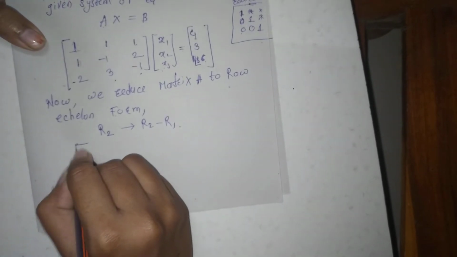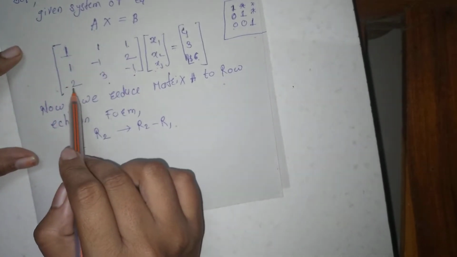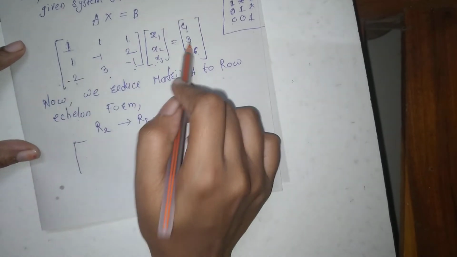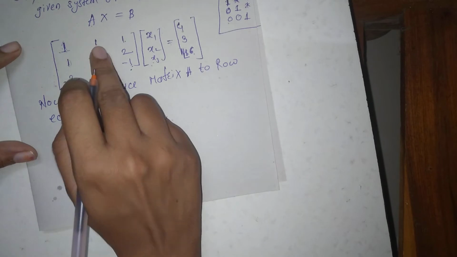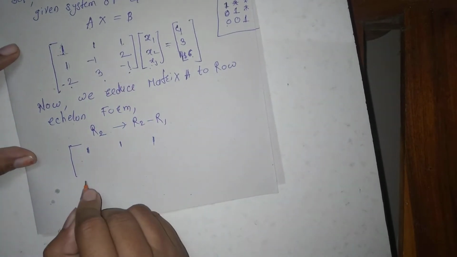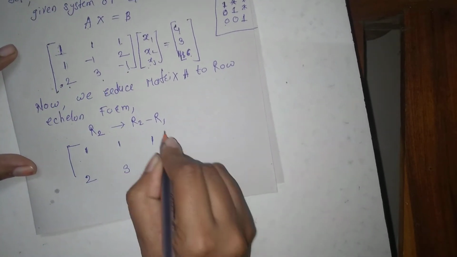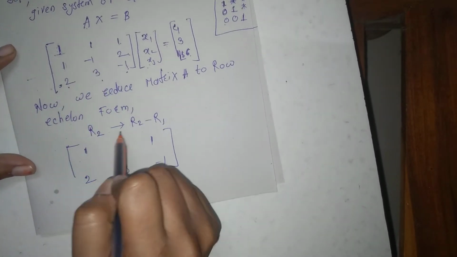R1 and R3 do not change; only R2 changes. R1 stays 1 1 1 and R3 stays 2, 3 and minus 1.